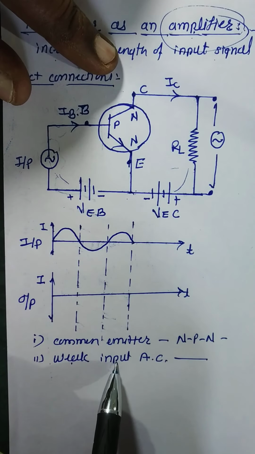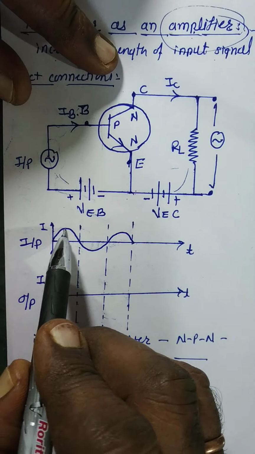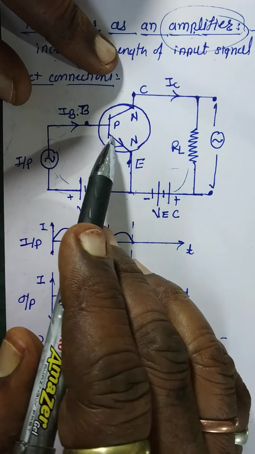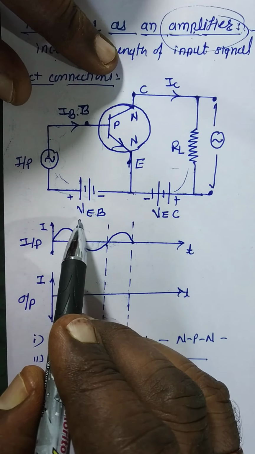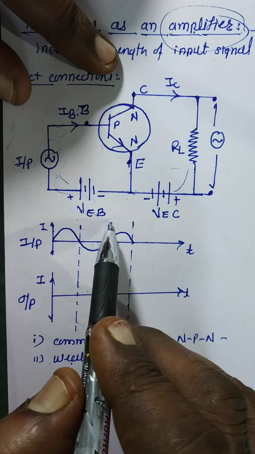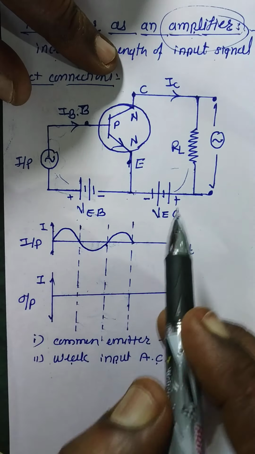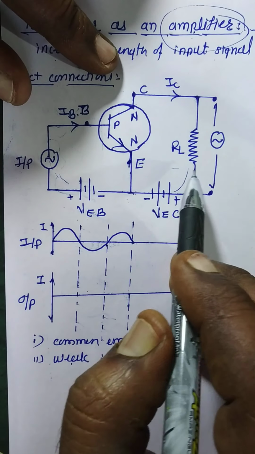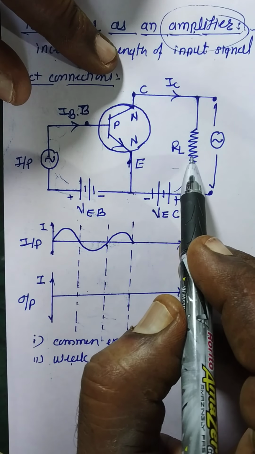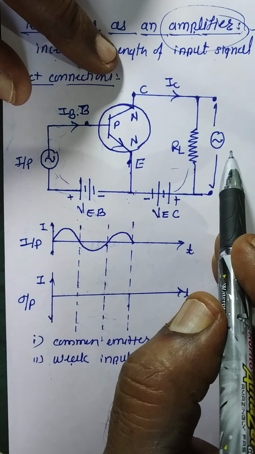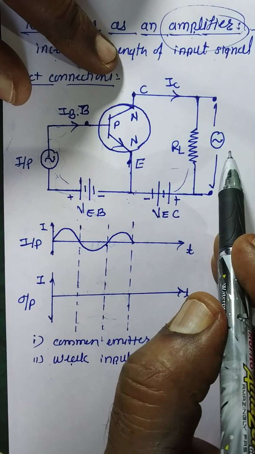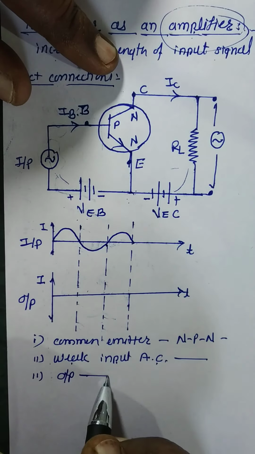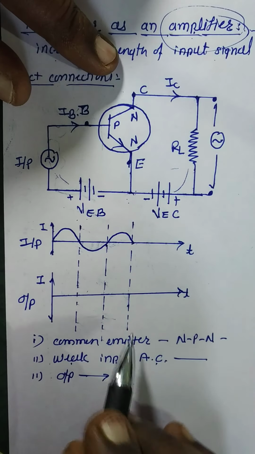Weak input AC signal which is to be amplified is connected between emitter and base in series with battery VEB. Base collector junction is reverse bias through load resistance RL, and output voltage is measured across load resistance RL.